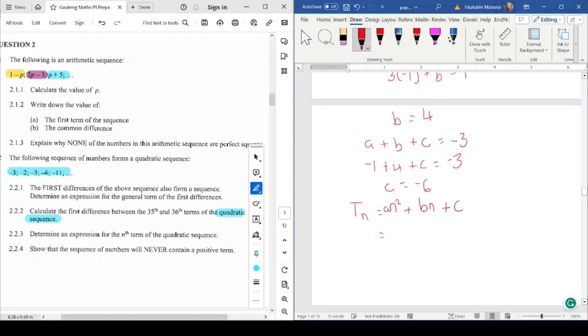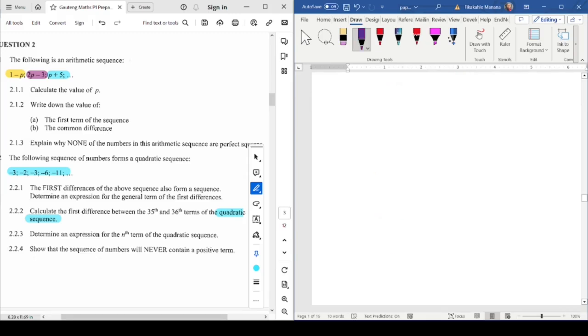We know a is minus 1, so it's just minus n squared. And then b is plus 4, so it's plus 4n. And then c is minus 6. So this is our general term for the quadratic.